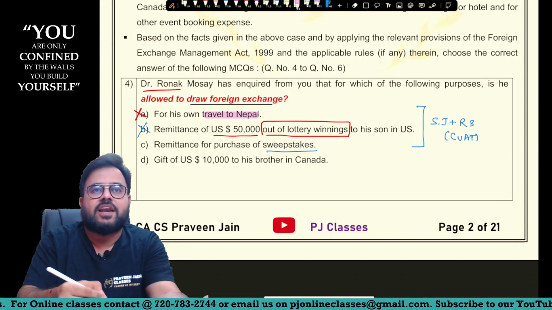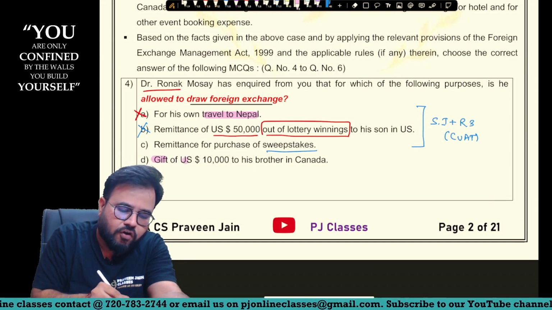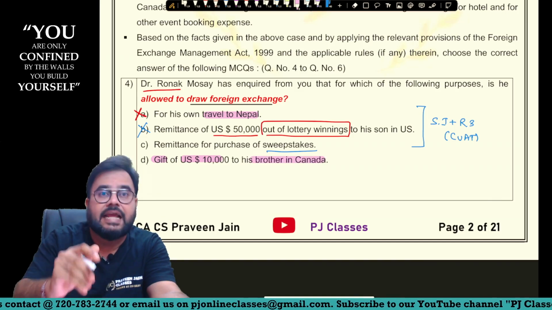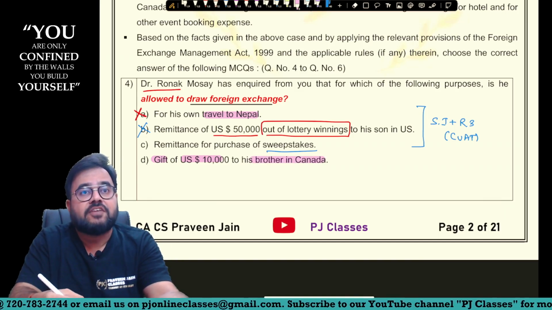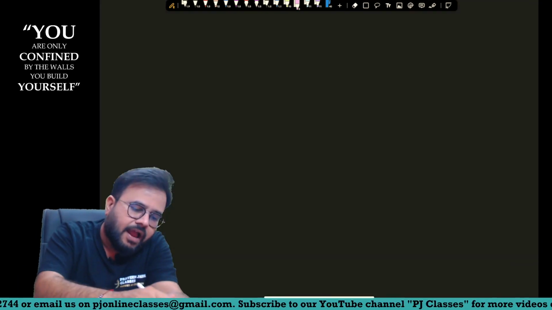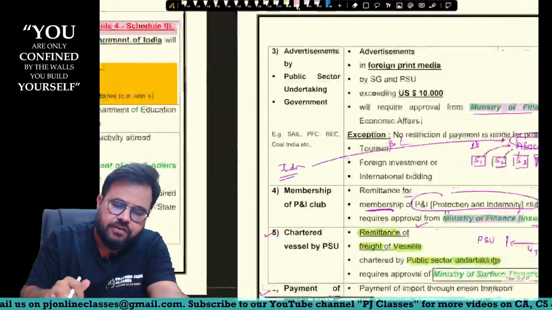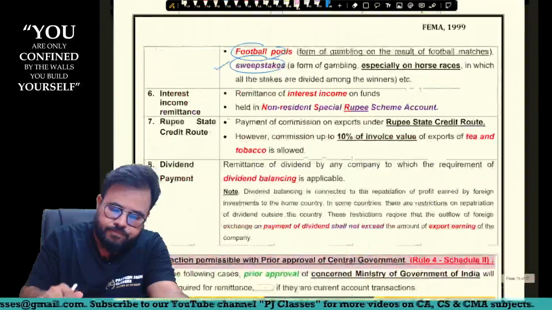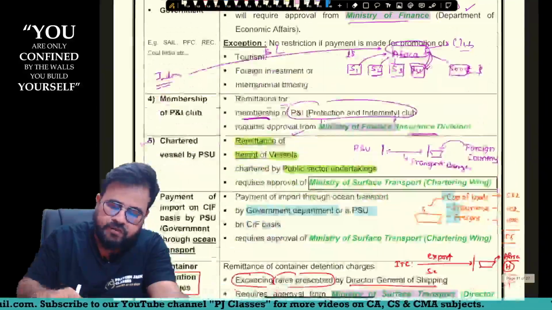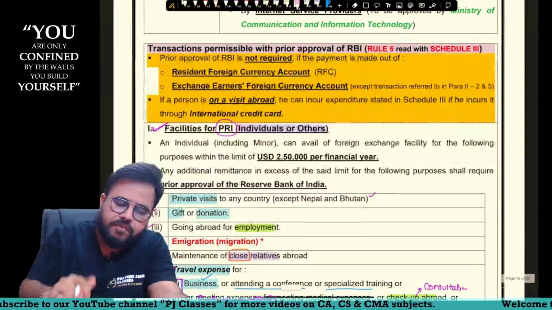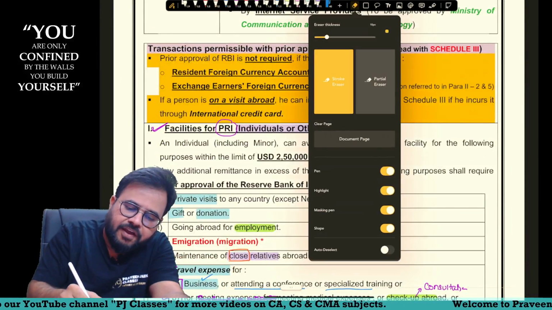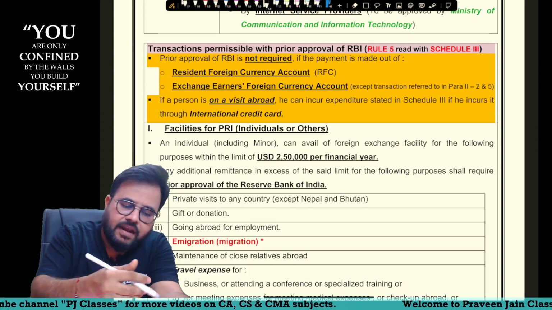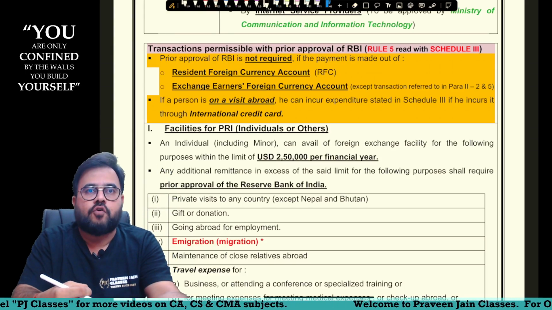Now the only thing left is what, sir? Gift of $10,000 to his brother in Canada. Obviously a gift is also a current account transaction, and if we observe, sir, there is schedule number 3, rule number 5. In rule number 5 you will find a list of transactions which are allowed for a PRI.